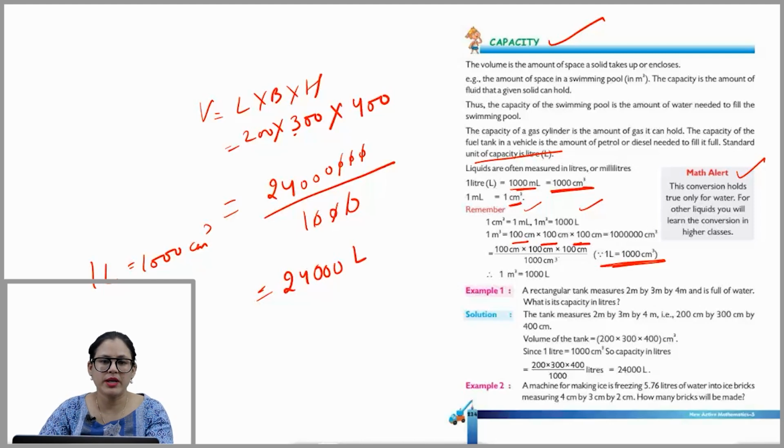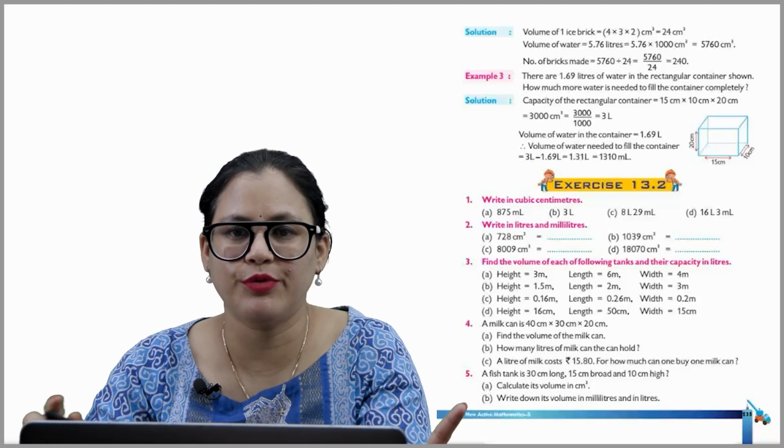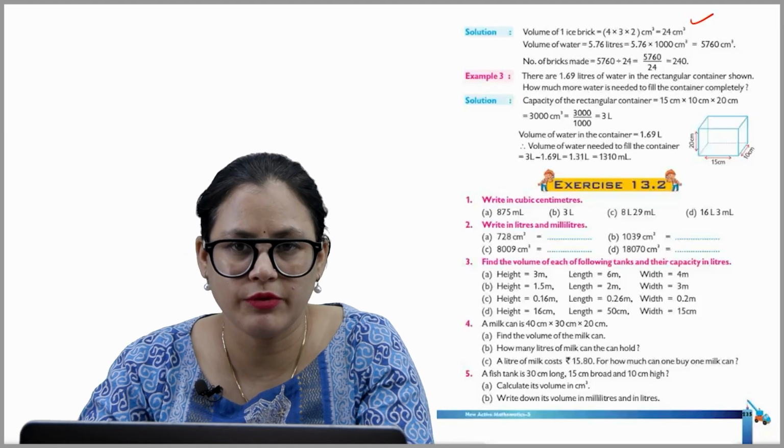Example 2: a machine for making ice is freezing 5.76 liters of water into ice bricks measuring 4 centimeter by 3 centimeter by 2 centimeter. How many bricks will be made? So what will you do? First, volume of an ice brick is 4 into 3 into 2, which is equal to 24 centimeter cube. Volume of water we know.